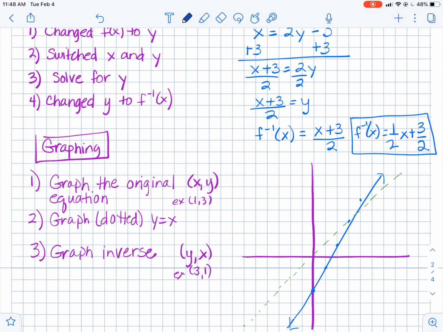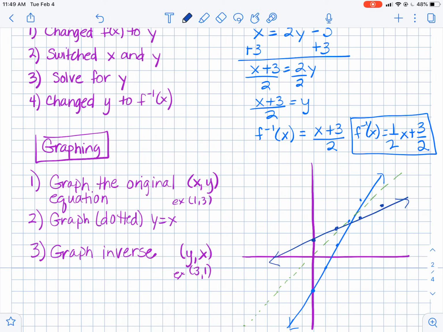It has a y-intercept of 1.5 and a slope of 1/2. Up 1, right 2, up 1, right 2, up 1, right 2. And then I'm going to draw it in.